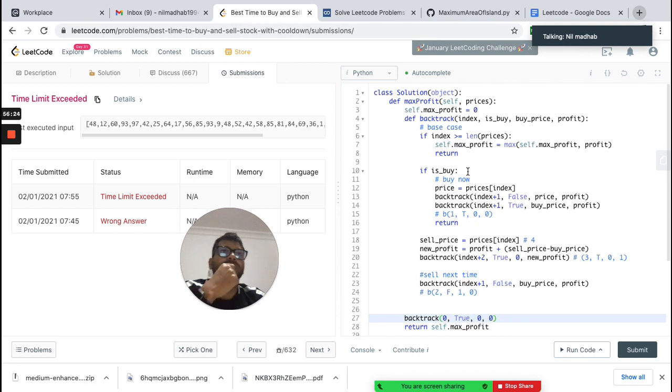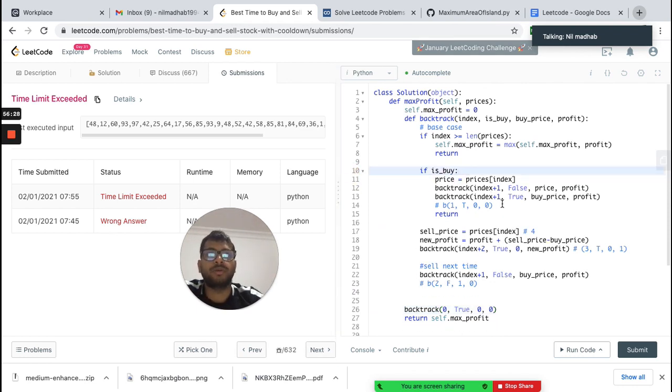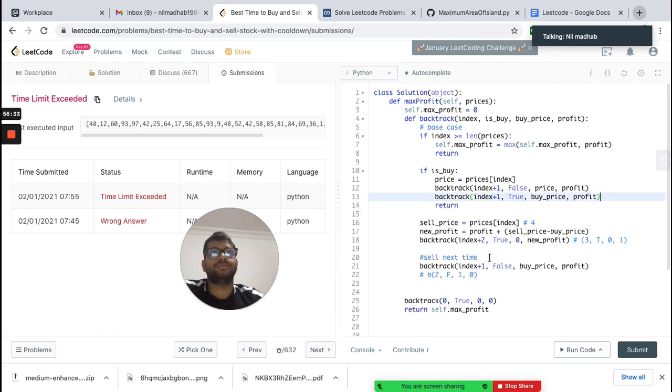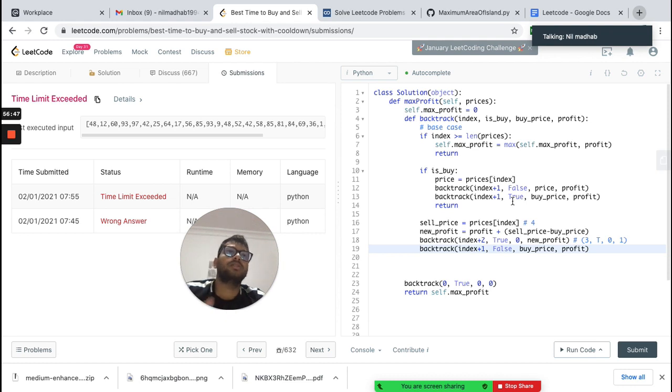Okay, do you think we can do caching here, memoization? Is it possible? I think we can do it. We can just cache the answer for the backtracking, because we are doing this repeatedly.